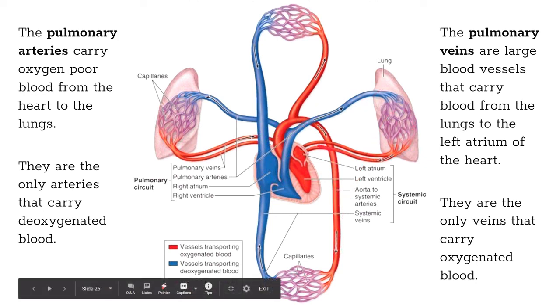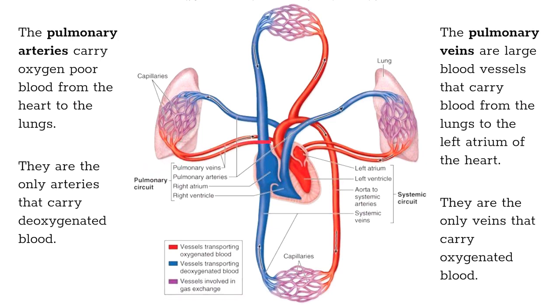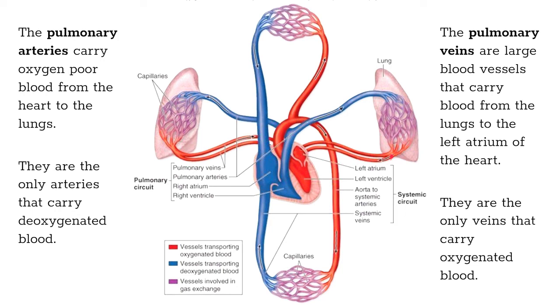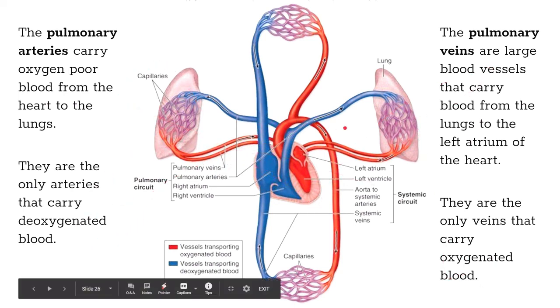While pulmonary veins are called veins because they carry the blood towards the heart, towards the left atrium, just like the superior and inferior vena cava. So the reason why they are called as such is because of the direction of the blood that they are carrying. Towards the heart, veins; away from the heart, arteries. So they are the only exceptions.